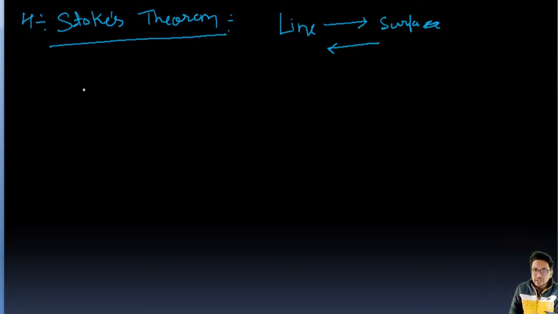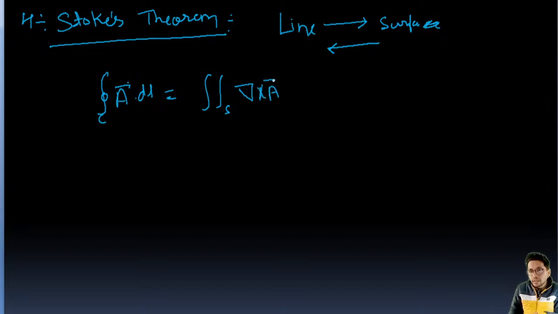So I'll write the statement now. The line integration around any curve of A dot dl is equal to the surface integration of curl of A dot ds.